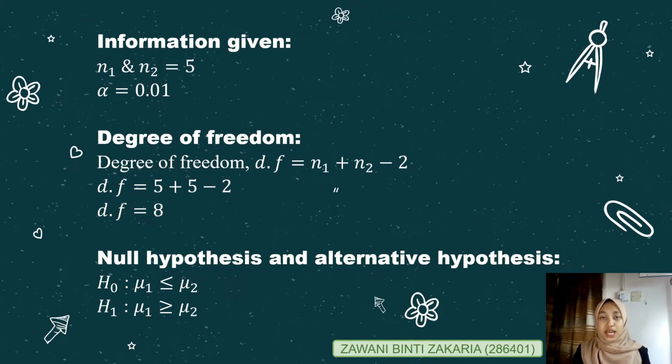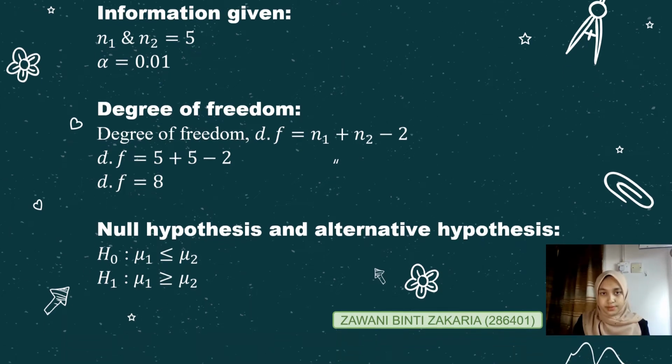Information given, N1 and N2 both are equal to 5, alpha equal to 0.01, degrees of freedom, using formula df equal to N1 plus N2 minus 2, degrees of freedom equal to 8. For null hypothesis and alternative hypothesis, H0: mu1 less than or equal to mu2, H1: mu1 bigger than mu2.